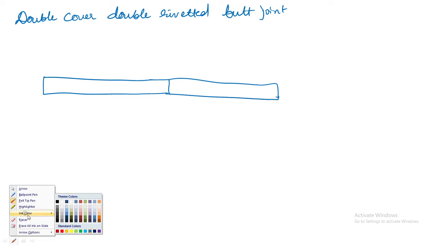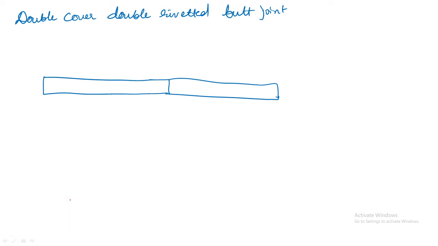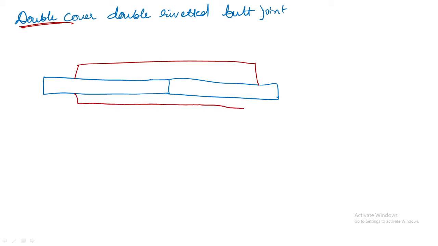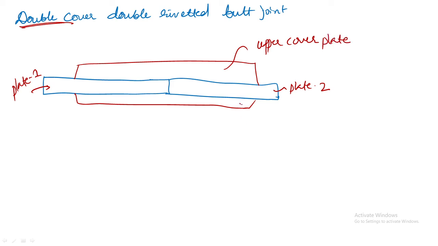In this case you need 2 cover plates because it is a double cover plate. I'll place one cover plate above here and one cover plate below. Let us take this as plate 2, this is plate 1, this is the upper cover plate, this is the lower cover plate.